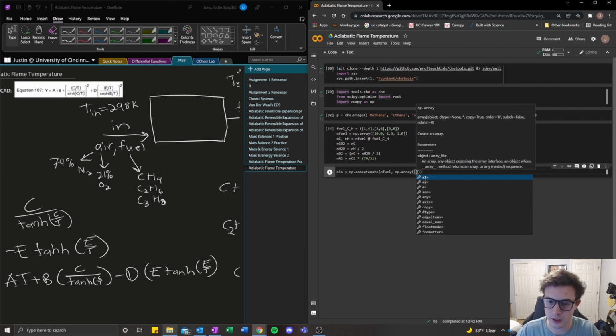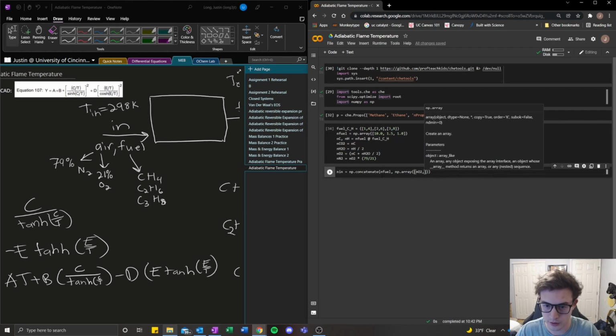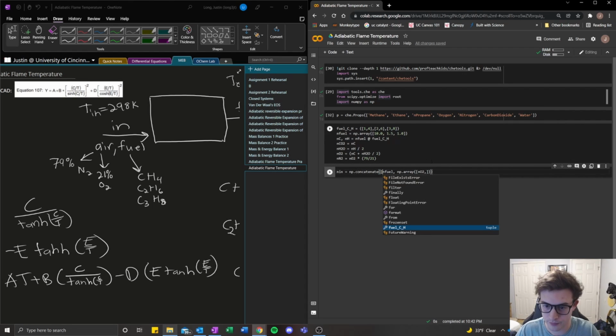Why does it keep doing that? With the number of moles of, so this part is these three here, our fuel, and then so we need the number of moles of oxygen to start with. So we've got number of moles of O2, and I am missing that darn bracket. I always forget that.